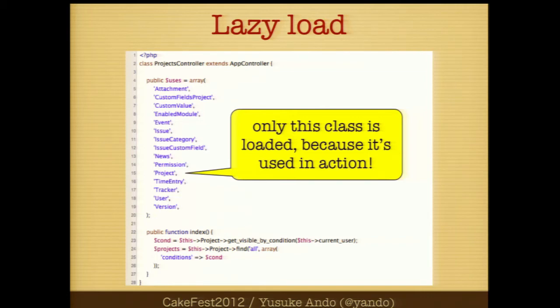Before migration, once this page got loaded, every model class was initialized, and of course, it took a while. But now, look at the index action at line 22. This action is calling only the project model, which means it initializes only the project model. So the loading time gets faster.